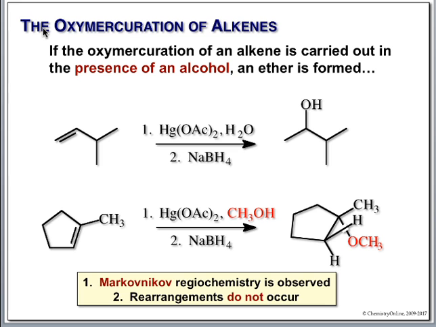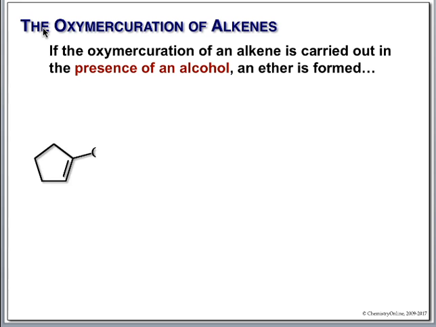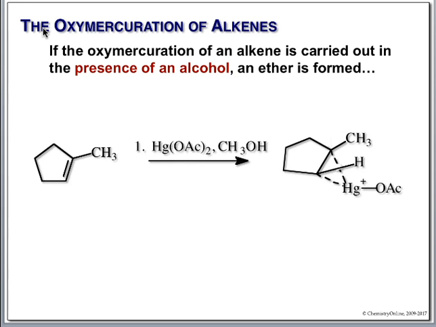If you recall the mechanism, it looks something like this. In step 1, mercury(II) acetate will add to the double bond. It will form the mercury equivalent of a bromonium ion. Remember him? Well, this is a bridged ion.